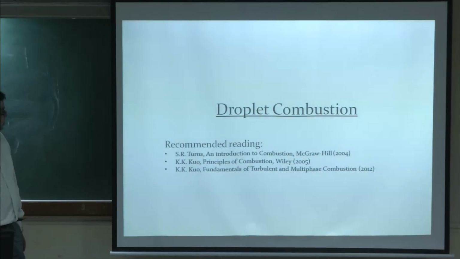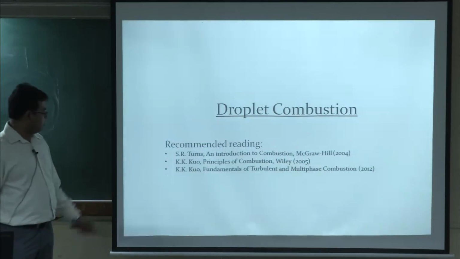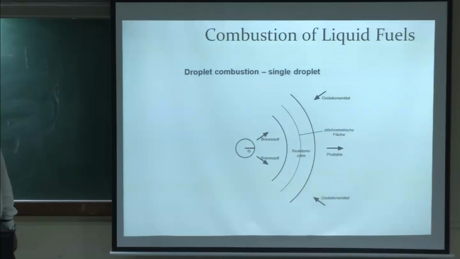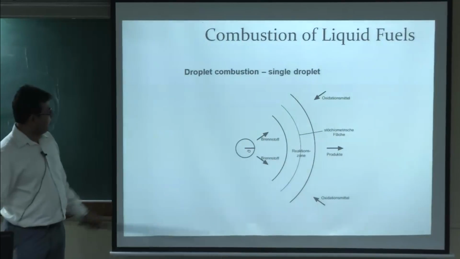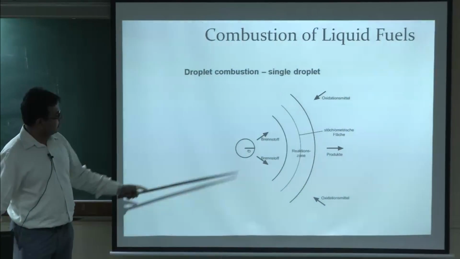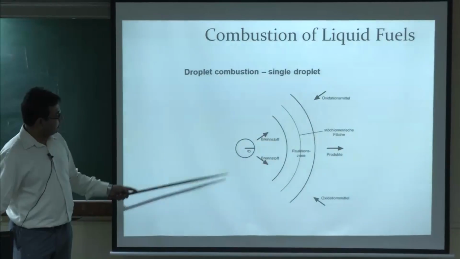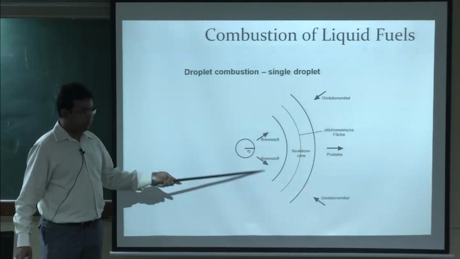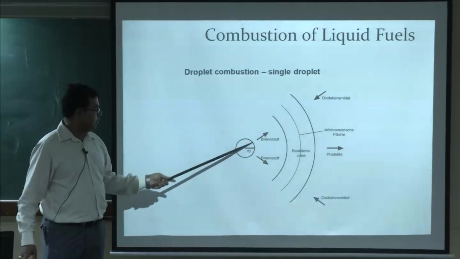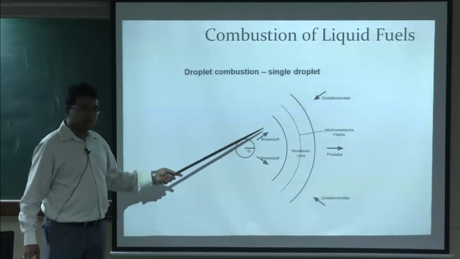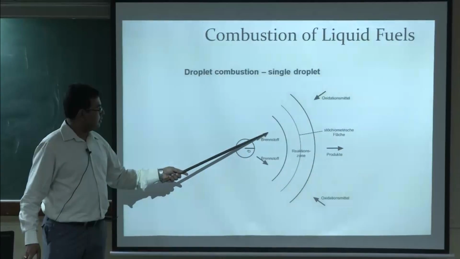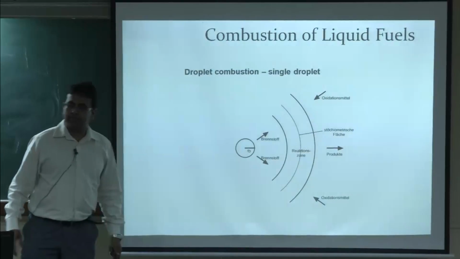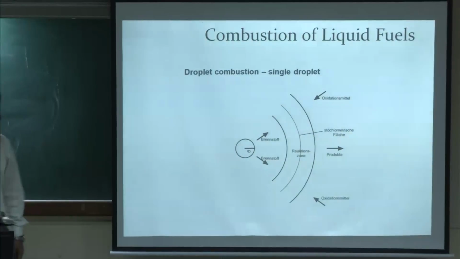So, single droplet combustion. These materials are available in these books. Okay. So, we have a liquid droplet that is subjected to an oxidizing medium, and heat is coming from the ambient to the liquid fuel, and then the fuel vapor is coming out and the oxidizer is coming from the other side. So, it is basically a diffusion flame that we discussed before in the supplementary lectures.